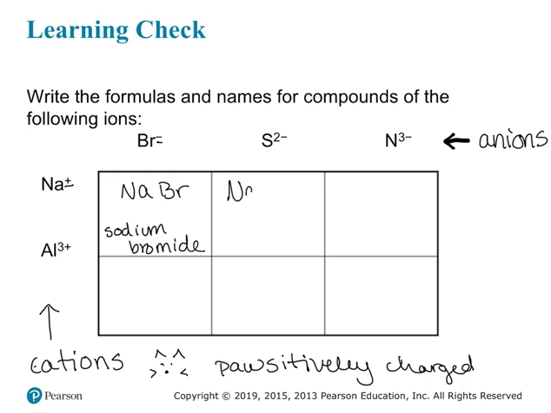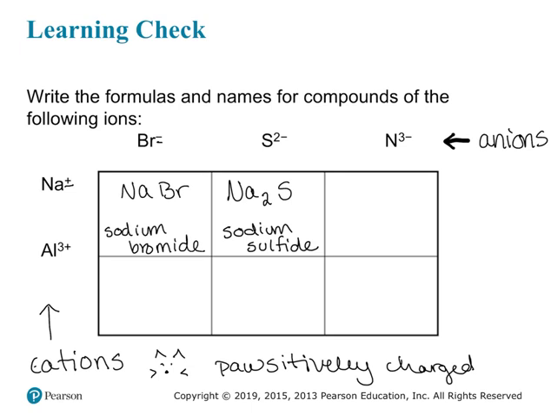So this would be Na2S. And I believe we saw this in a previous lecture as well. Okay, so how would we name this compound? So it would be sodium sulfide. Some people use a ph instead of an f for sulfide.